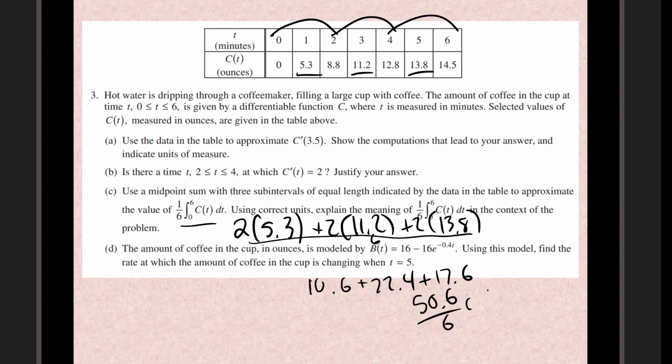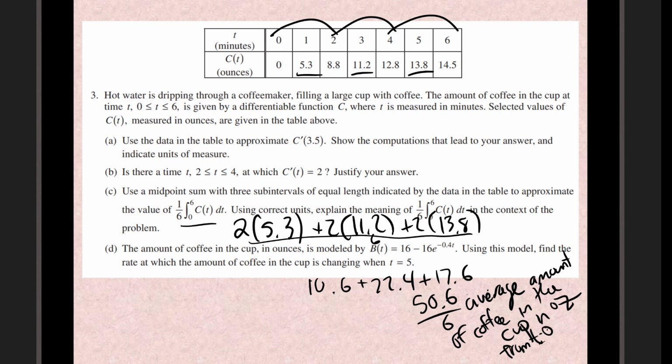Yeah, it's the average amount of coffee in the cup. I should read the question. Amount of coffee in the cup, in ounces, from t equals 0 to t equals 6.